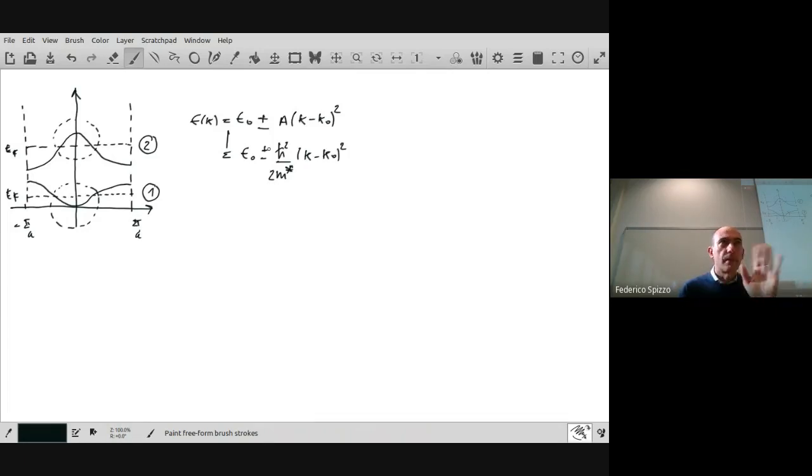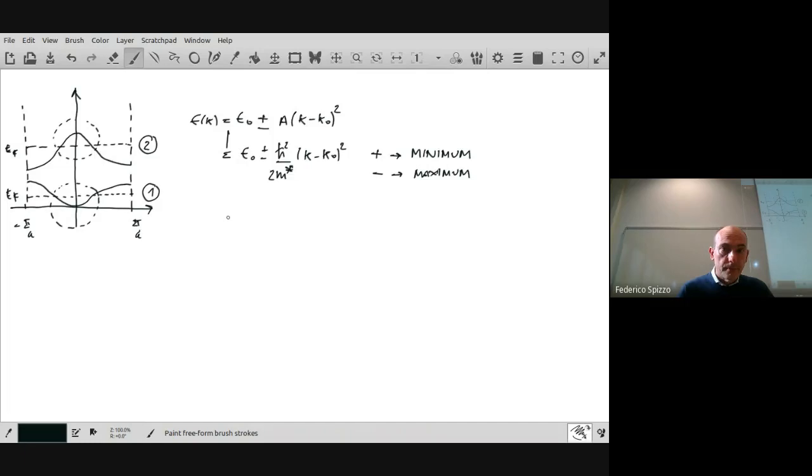So m star is just a free parameter that allows me to describe this dependence and this dependence up here using this parabola. The plus case is the case where we are close to a minimum, so the curvature of the system is positive. The minus case is when we are close to a maximum. So we have both cases.